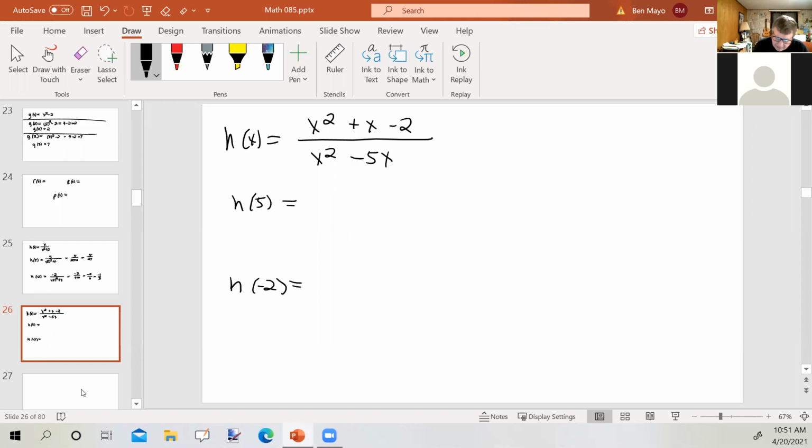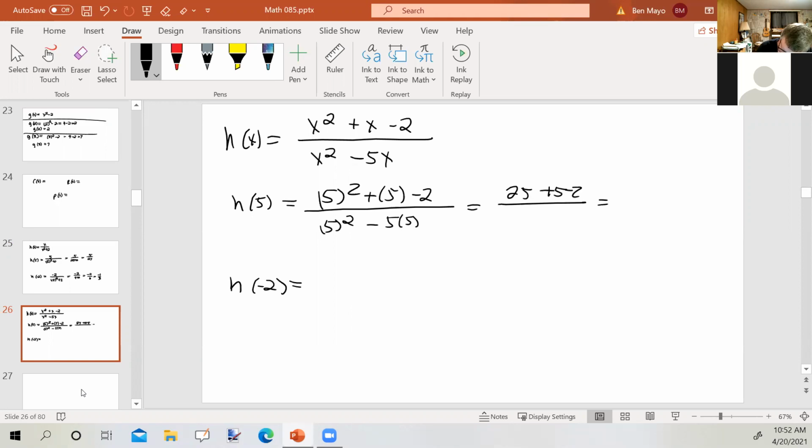So h of 5 would be 5 squared plus 5 minus 2 over 5 squared minus 5 times 5, which is 25 plus 5 minus 2, which is 30 minus 2, which is 28, over 25 minus 25, which is 0. Well, any non-zero number, such as 28, divided by 0 is undefined. Okay? Any questions about that?